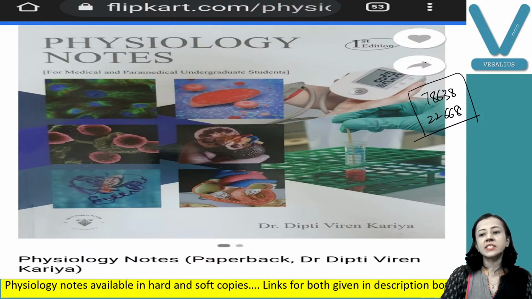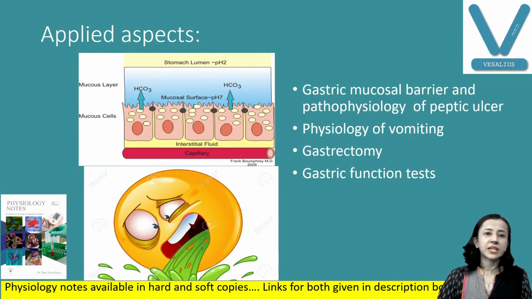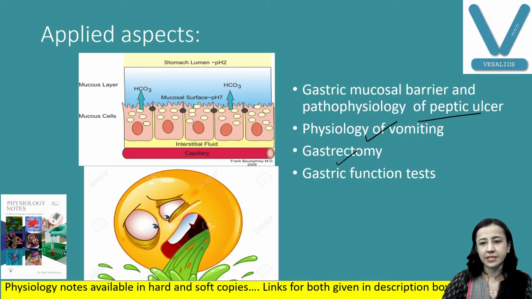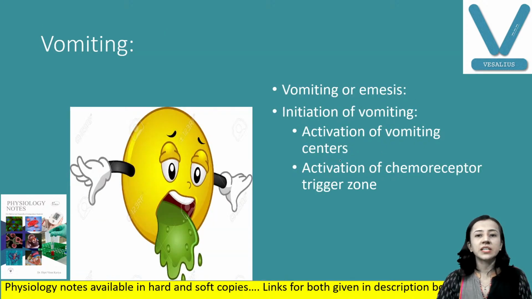Now let us start today's topic, that is applied and clinical aspects of the stomach. In the last class, as I told you, we discussed peptic ulcer. Today we'll discuss the physiology of vomiting and gastrectomy, and in the next class we will discuss gastric function tests. Starting with vomiting or emesis: what is vomiting?